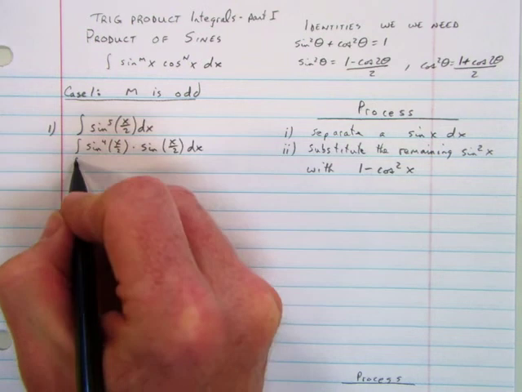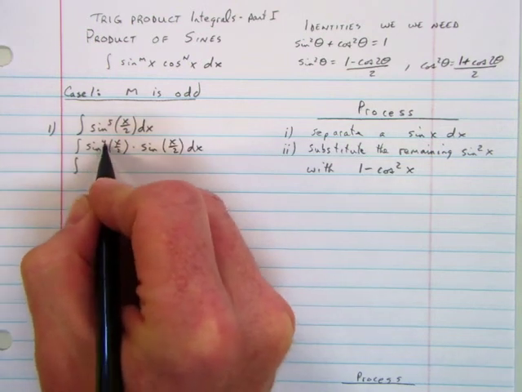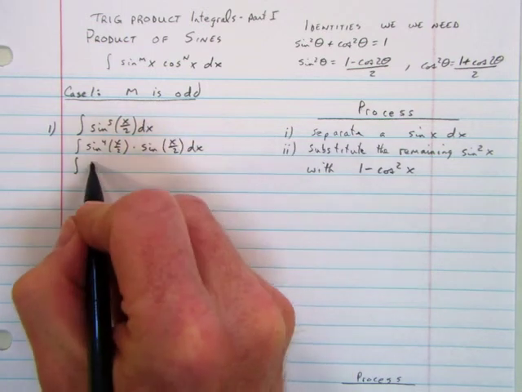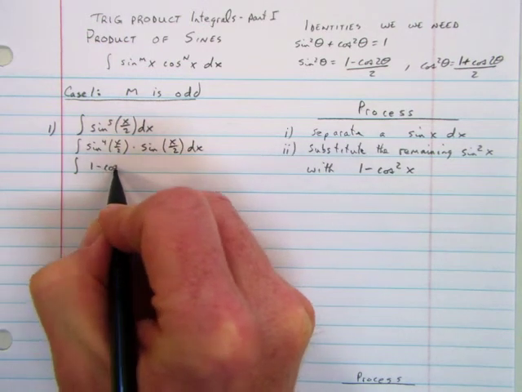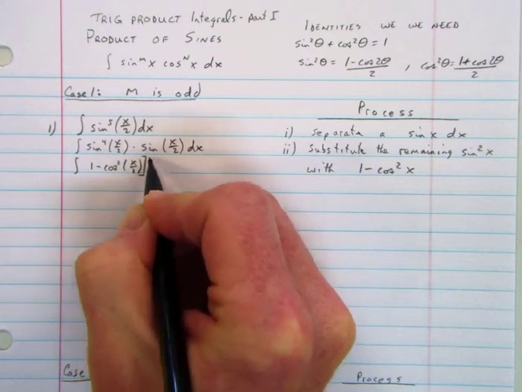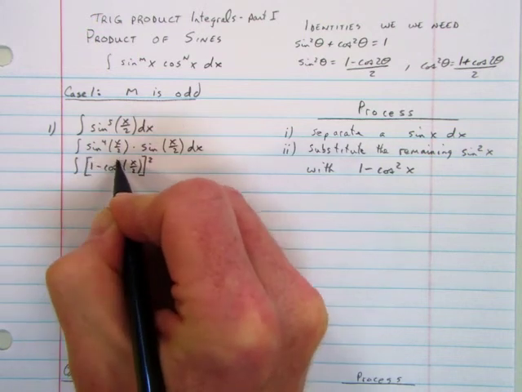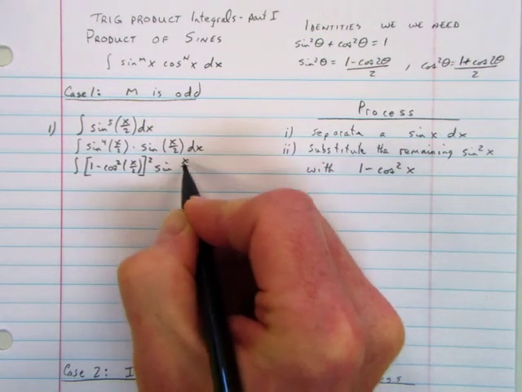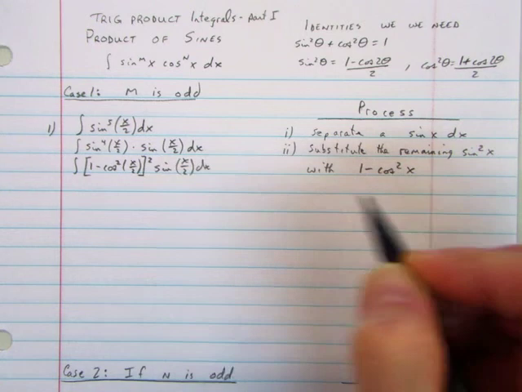So this is sine squared squared, and if sine squared is 1 minus cosine squared, this will be 1 minus cosine squared of x over 2, quantity squared, times sine of x over 2 dx.